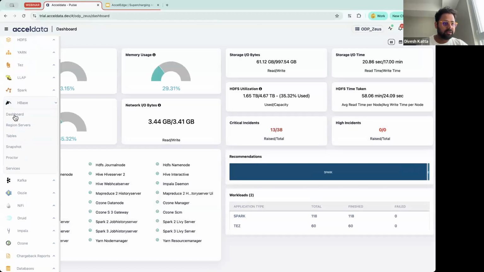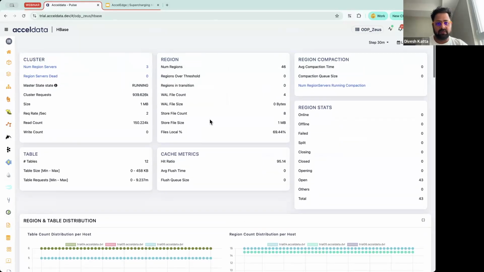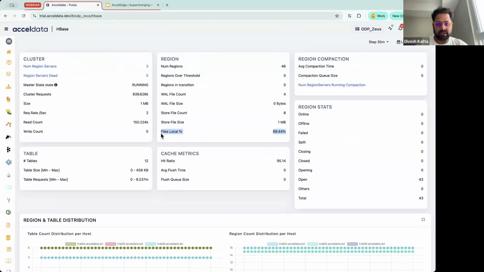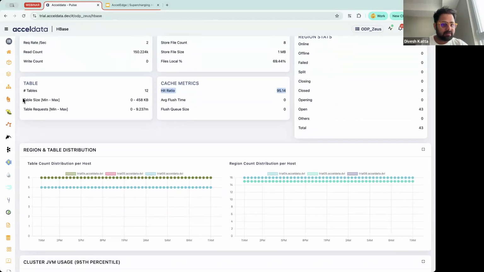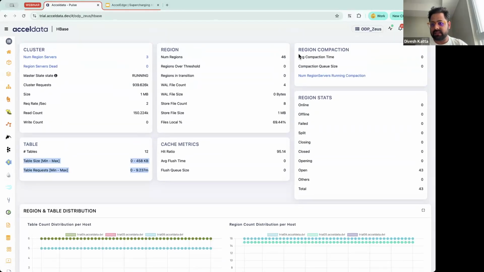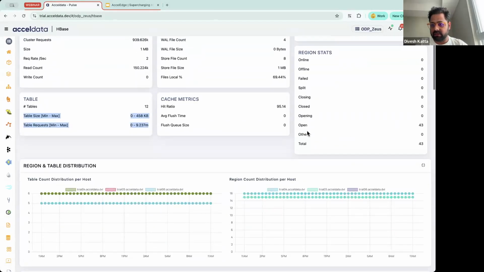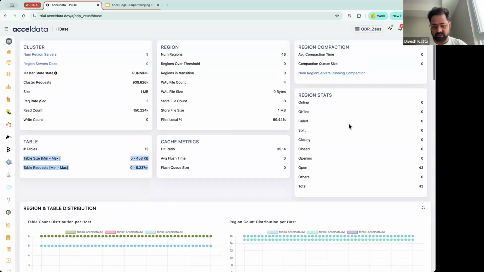So here you go to HBase, and if you click on the dashboard, you can monitor the number of regions, what file locality you are having, what store file size you are having, what cluster requests you are getting, what type of requests, and what hit ratio you are having in the cluster. You can see table size minimum and maximum, and table request minimum and maximum. Similarly, you can see the region state: online, offline, total, and open, the states of all available regions.